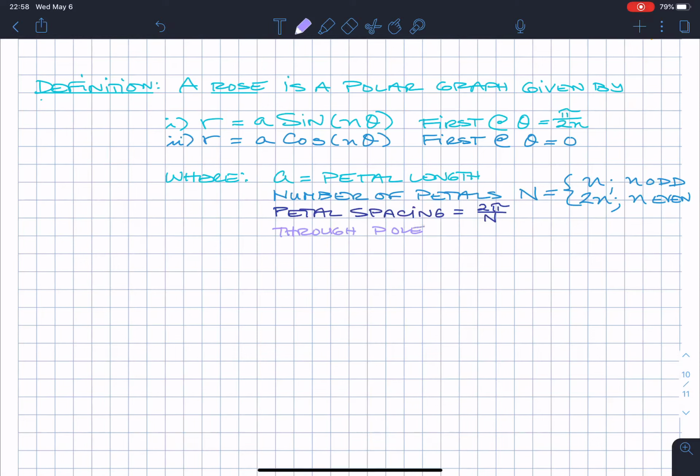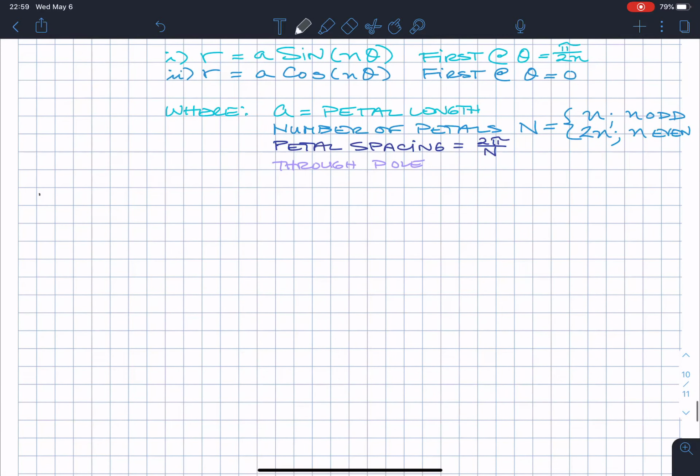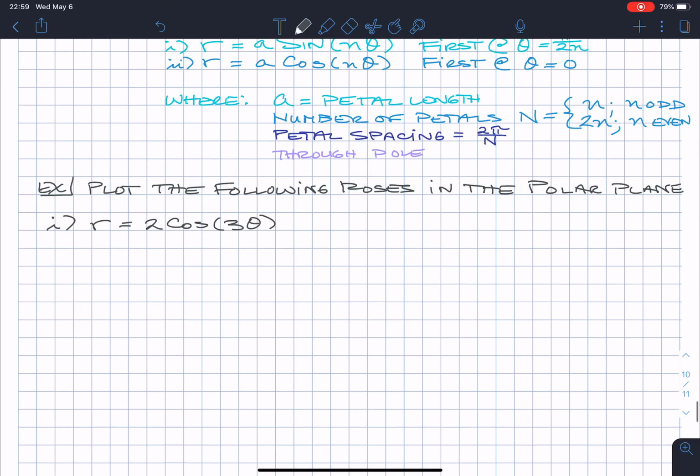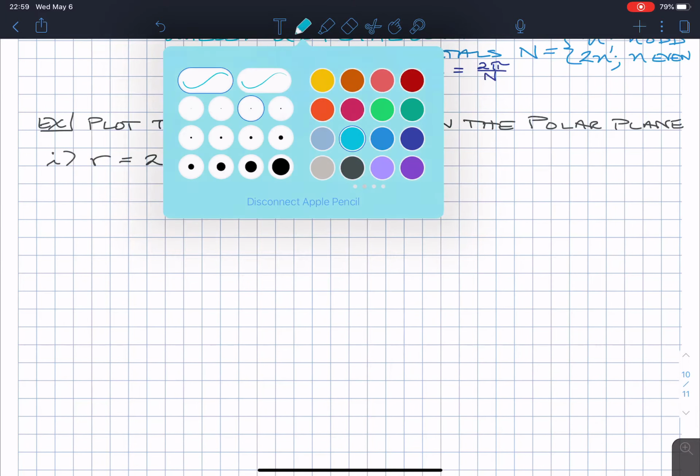Let's see what we mean by this. For example, let's plot the following roses in the polar plane. Number 1, let's say we have that r is equal to 2 times cosine of 3 theta. What is A in this case?